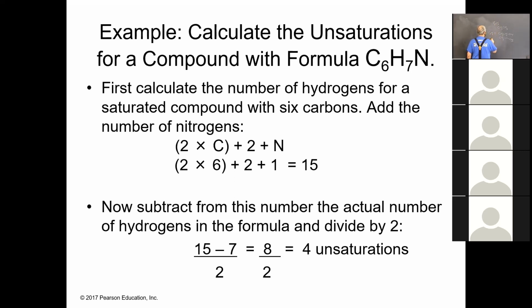This is also C2H6O. And you can see that the presence of the oxygen doesn't add any unsaturation units. It has no effect. Same way with sulfur. Sulfur forms 2 bonds. So we can completely ignore oxygen and sulfur in the formula.